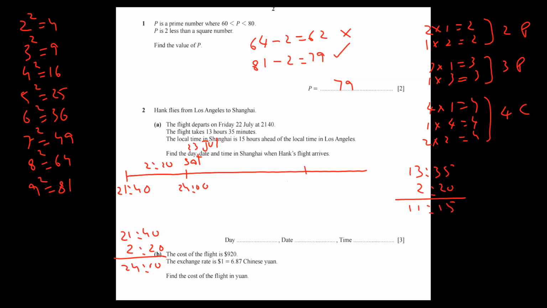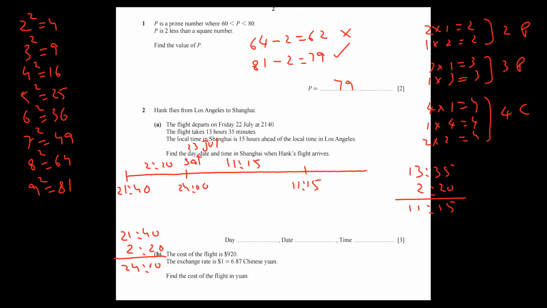It means it will take a further 11 hours 15 minutes to land. So what is the time when he lands? After 24, it is the next day, then 11:15 from here till here. So his landing time by his watch is 11:15.